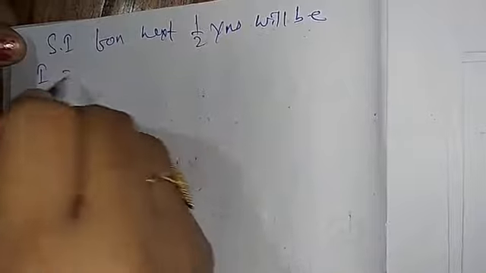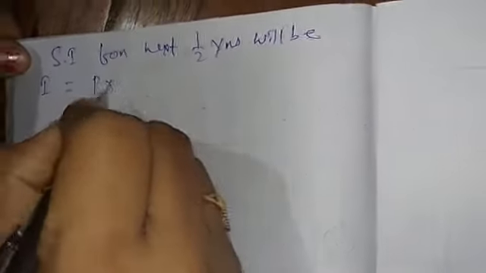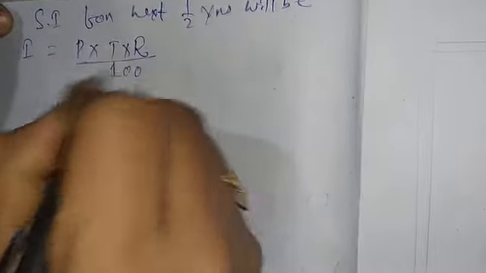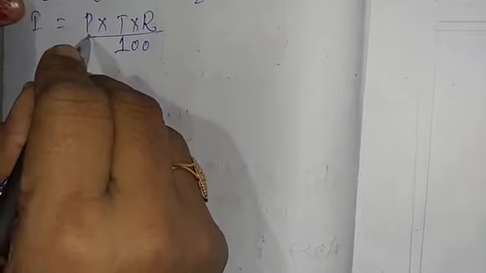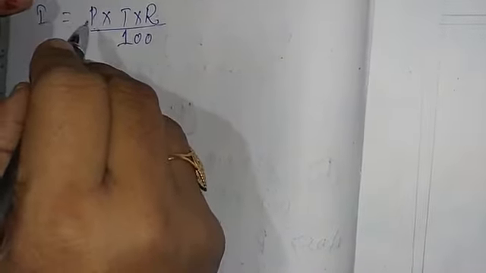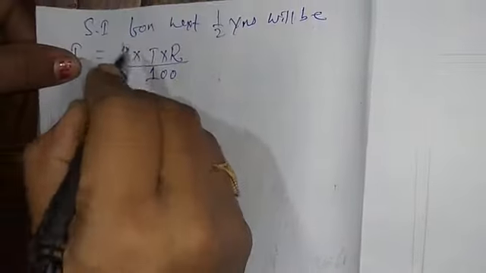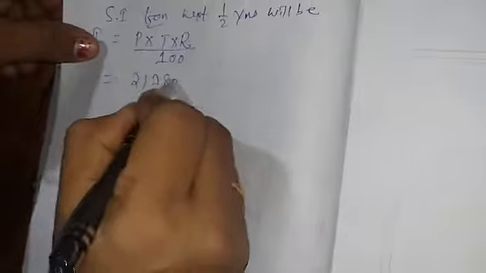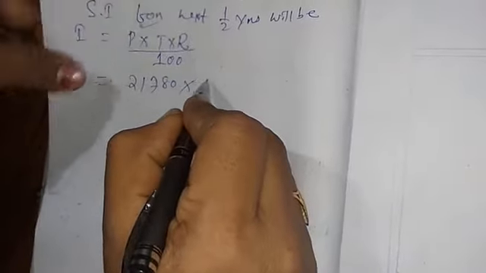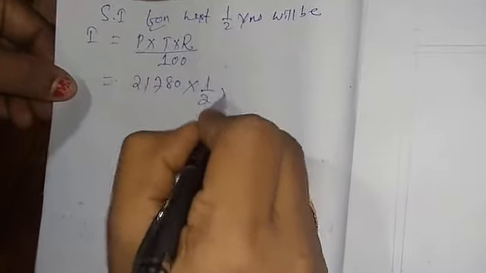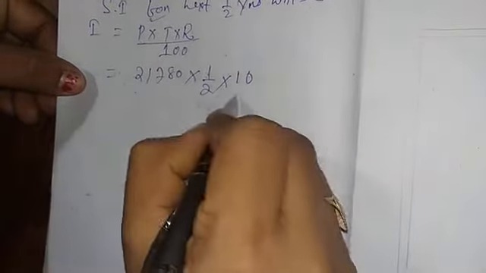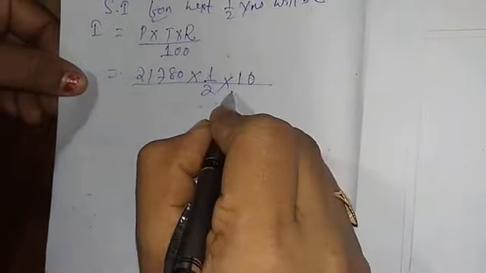we know the formula, PTR by 100. So P is how much? Amount after 2 years is the principal. So principal equals 21,780 into T equals half year into R equals 10, whole divided by 100.